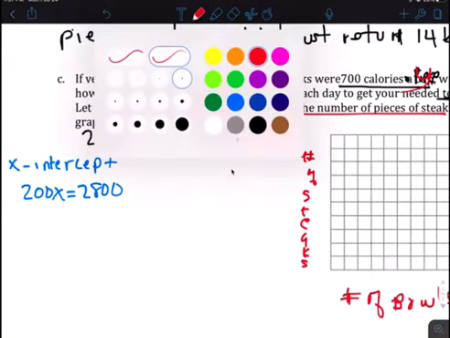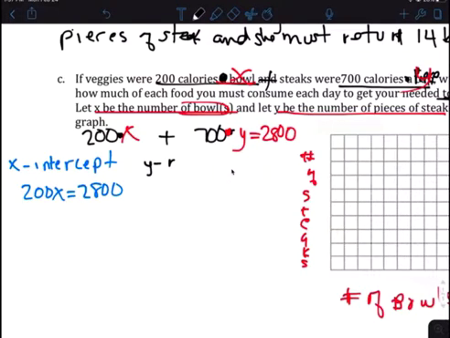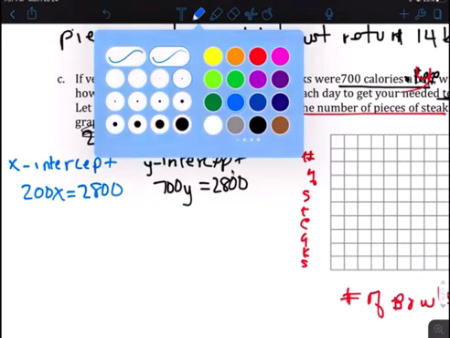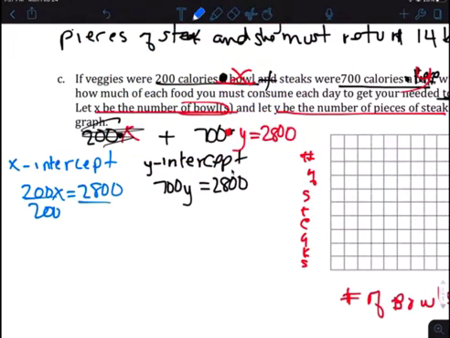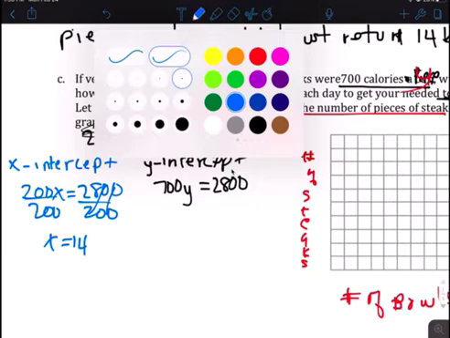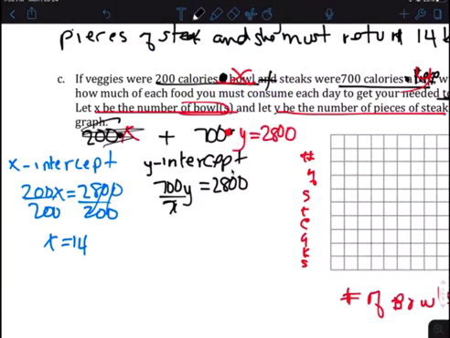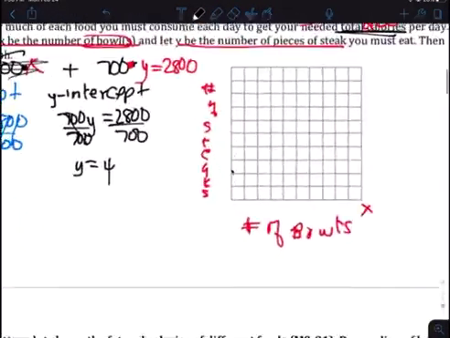And my y-intercept, pretend x is not there, so you get 700y equals 2,800. Then you divide by 200. X equals 14. And divide by 700. Y equals 4.